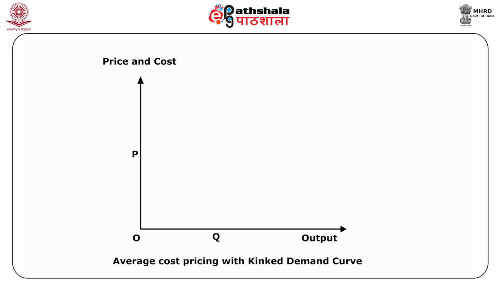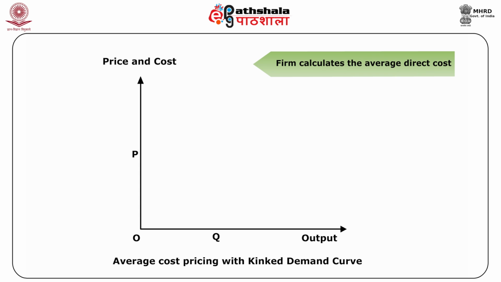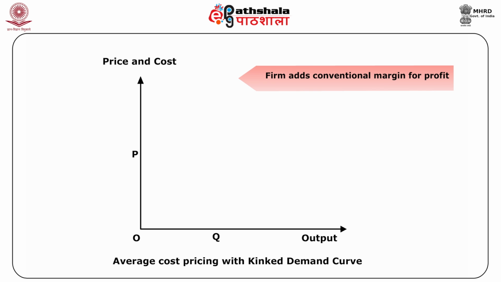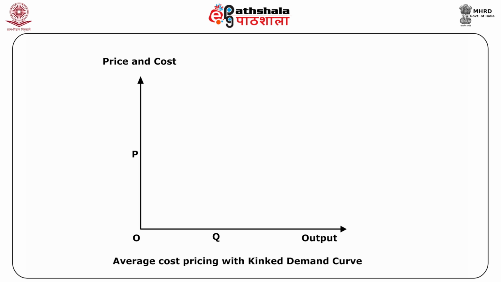After deciding the units of output to be produced, the firm then calculates the average direct cost incurred on acquiring resources and average overhead costs incurred on capital equipment, etc. After calculating average direct cost and average overhead cost, the firm adds a conventional margin for profit to it. Addition of average direct cost, average overhead cost and conventional margin for profit yields average cost.